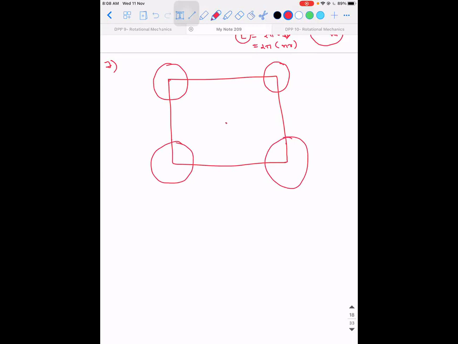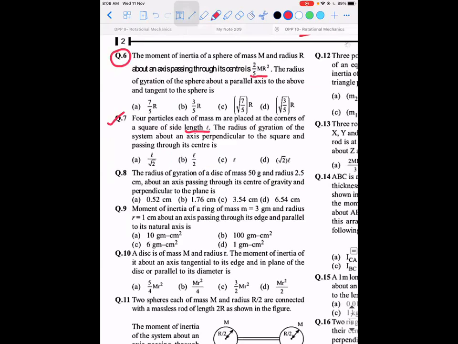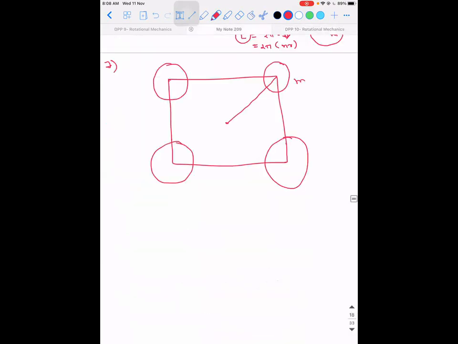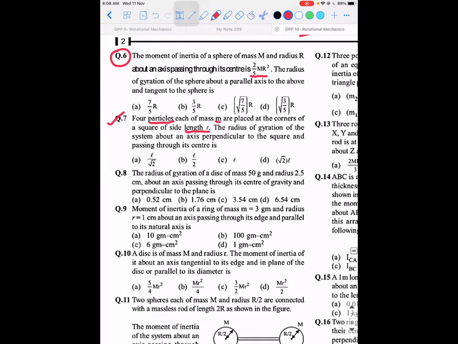There are four particles, each of mass m, placed at the corners of a square of side length L.